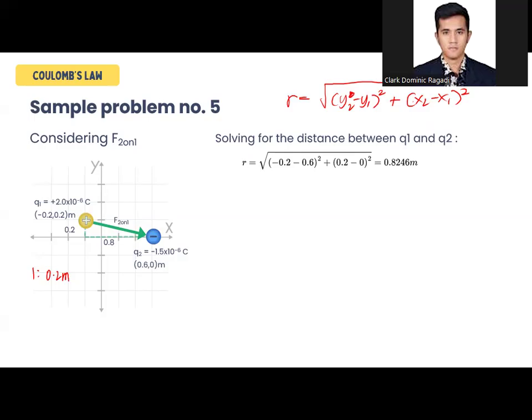Plugging in the values of the coordinates, we would get a distance of 0.8246 meters. So that's the value of our r.